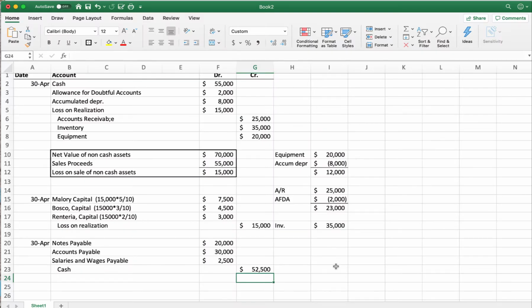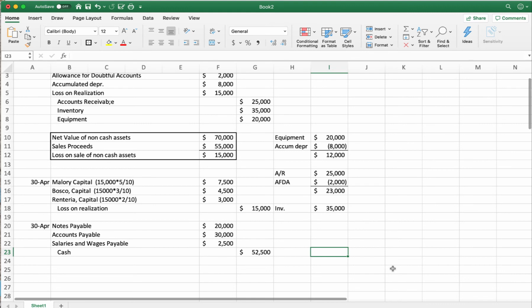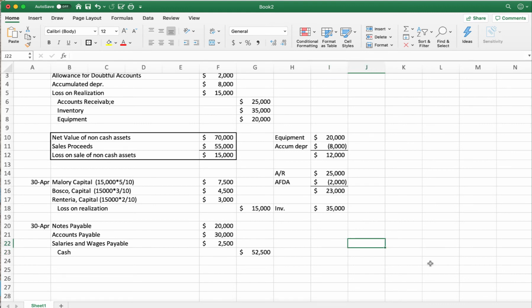So here's what we're going to do, right? Think about it this way. We're going to list out all our partners. Okay? So I'm going to come over here and do it. We have Mallory, Bosco, and Renteria. Okay? So they have a balance, right?